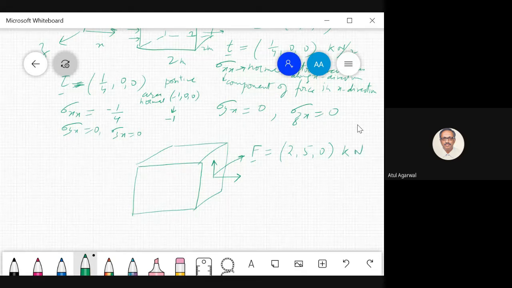My area is 2 meter. My cube size is 2 meter. So what is my traction vector? But what will be my sigma xx? 2 by 4.